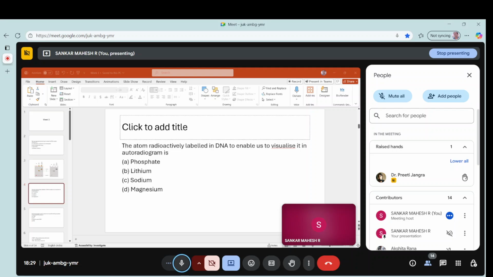Yes, sir. We have learned that we are using phosphate, like the isotope P32, because it intercalates in the DNA backbone. Does it intercalate or incorporate into the backbone? So it becomes a part of the DNA, right? Yes, sir. Right.